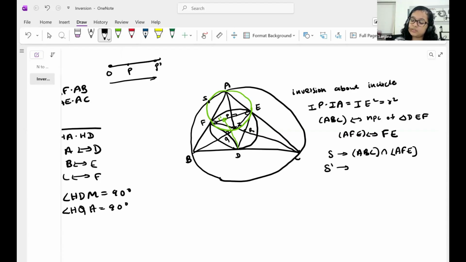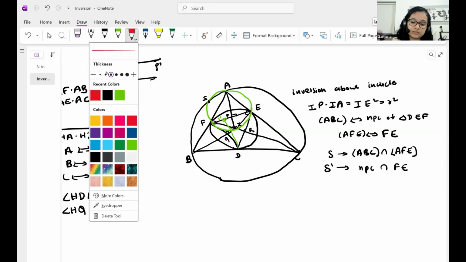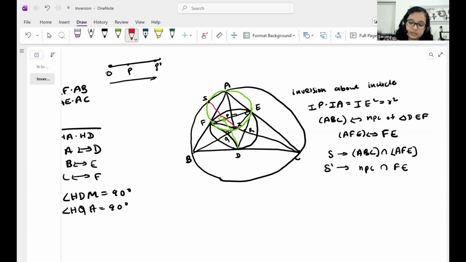Therefore, S dash must be the intersection of the inverses, which is the 9-point circle and FE. And we know there are 2 intersection points. One is the midpoint and one is the foot of altitude. We know the midpoint's inverse is already A, so it must be the foot of altitude. And if we call that S dash, we know that I, S, and S dash must be collinear.